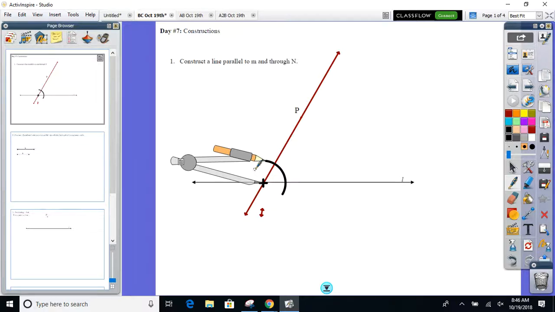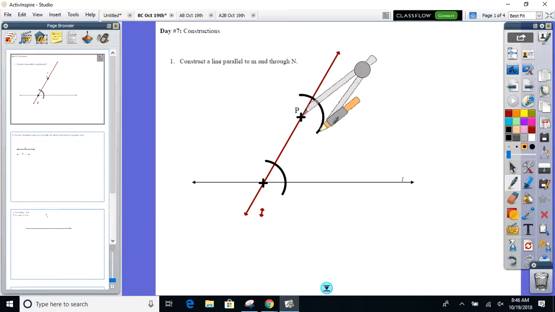And since we're going to copy this angle up on this ray here that starts with P, I take my compass, move it up to endpoint P, and I'm going to make that same arc. So that's where I am right now. I'll leave it up there for a few moments.